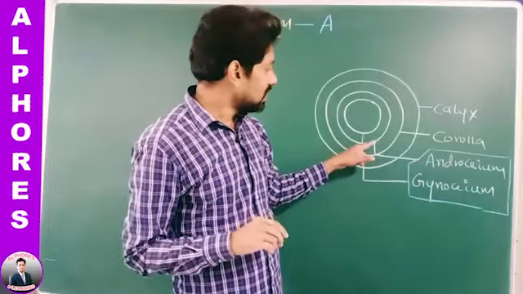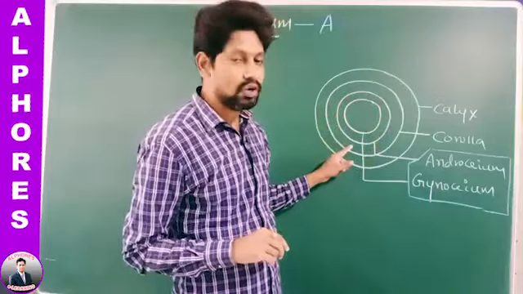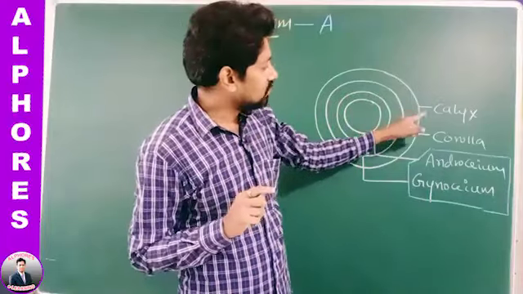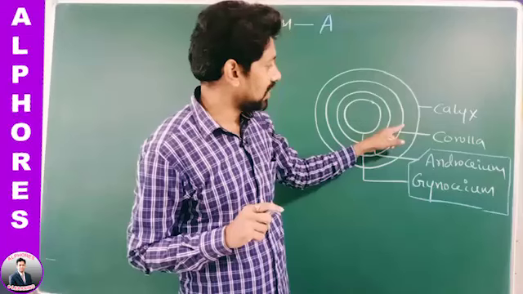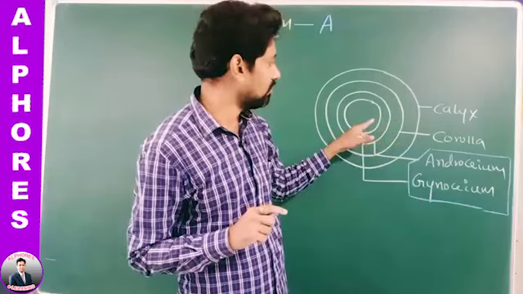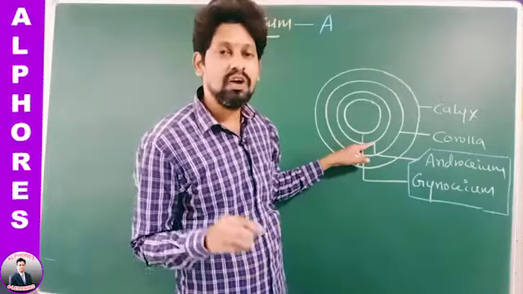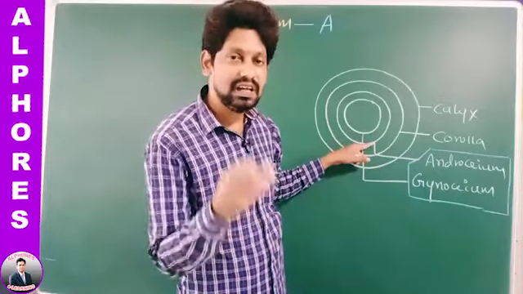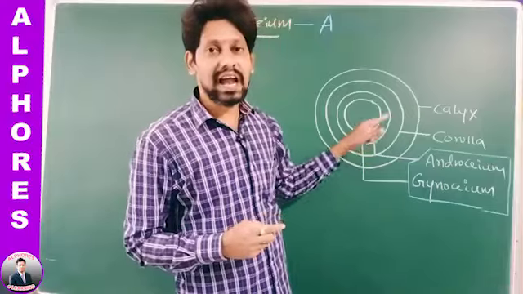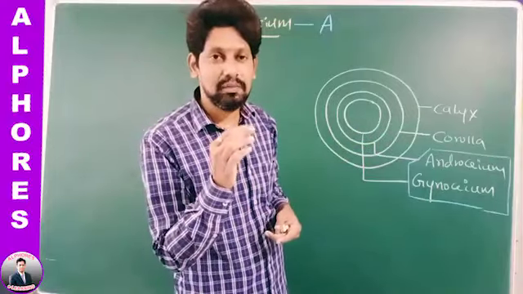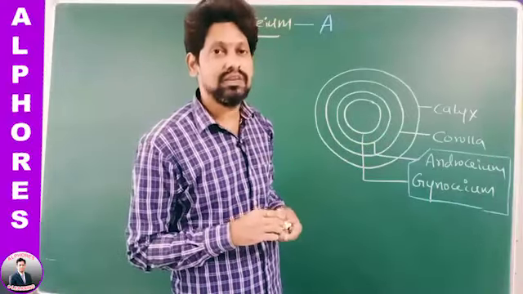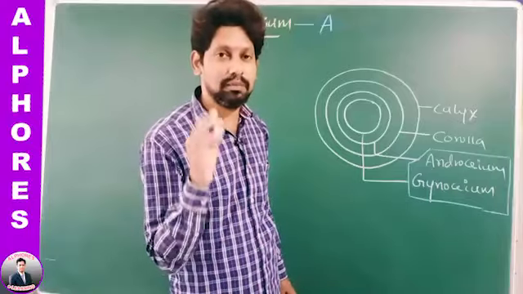Okay, right? Sir, these are floral leaves present at which node, sir? Third node. Because floral leaves at first node calyx, second node corolla, third node androecium, fourth node gynoecium. Sir, this androecium is made up of what? Stamens. Therefore, what is the unit of androecium?